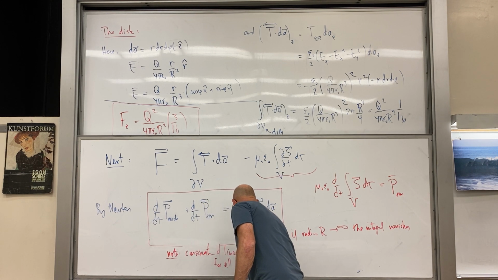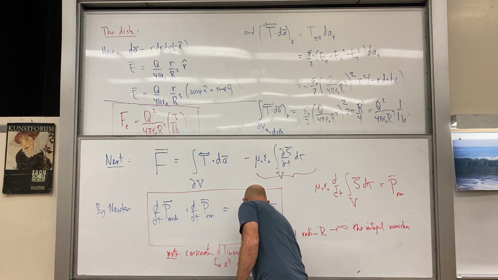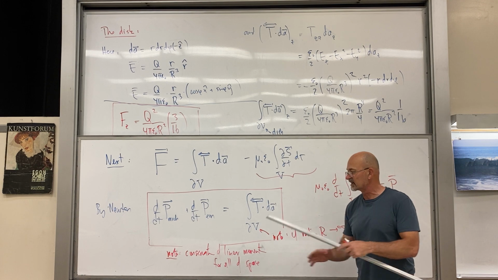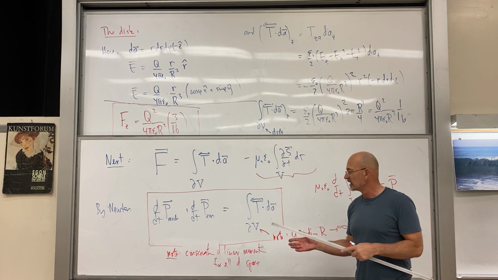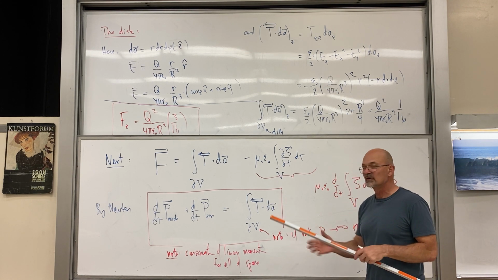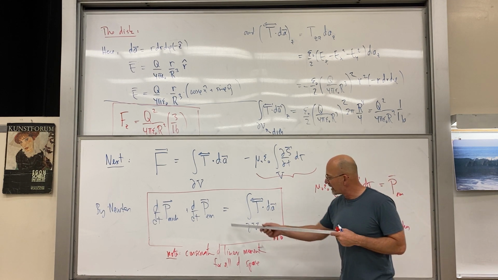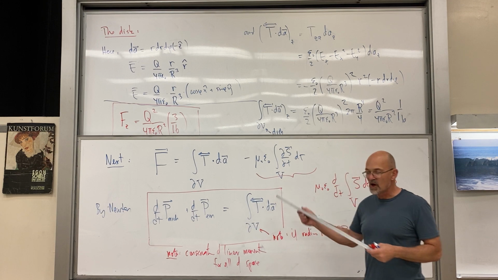Unlike in mechanics, where we have some restricted area where there's a set of particles whose linear momentum is conserved in the totality of it, here the linear momentum is only conserved if you're talking about all of space.